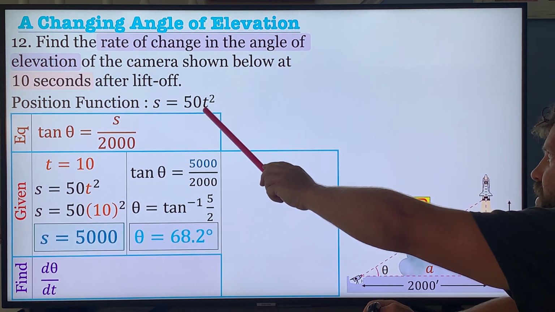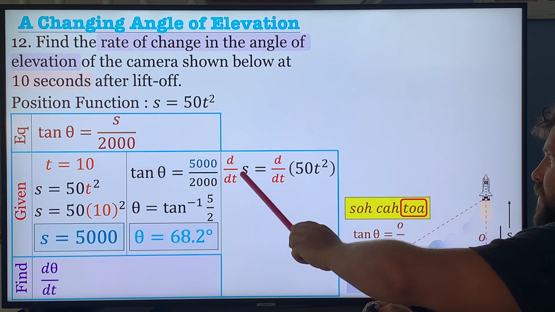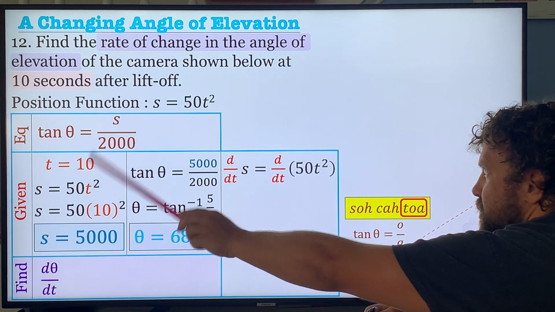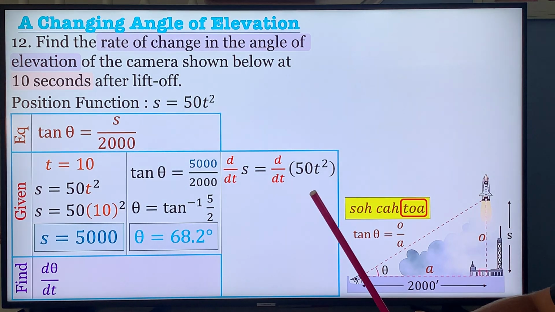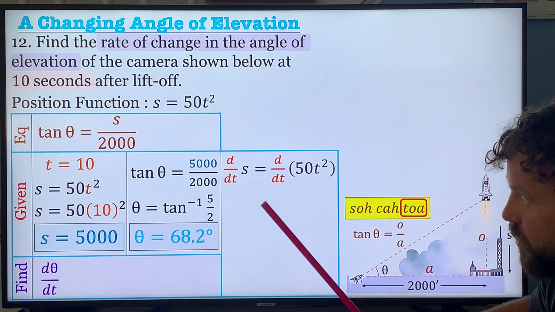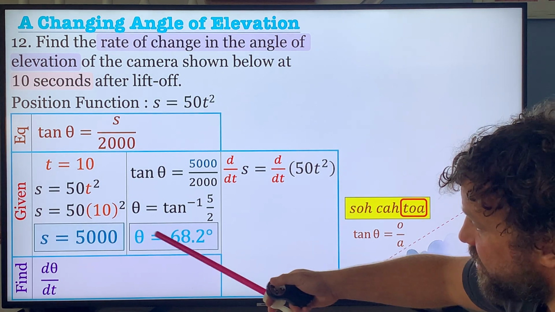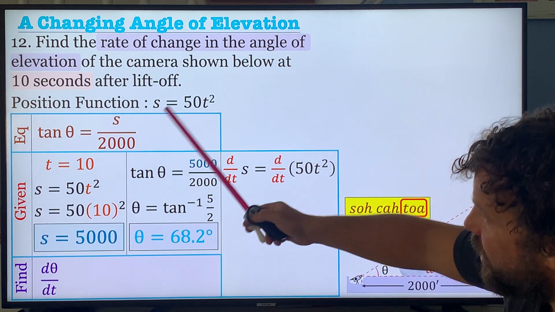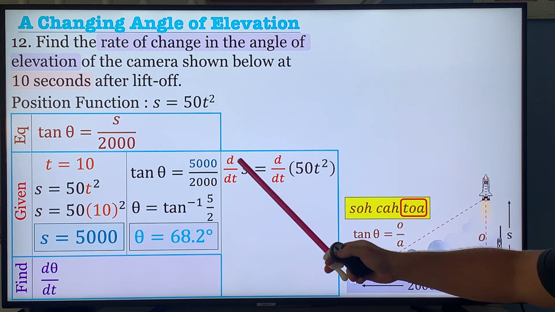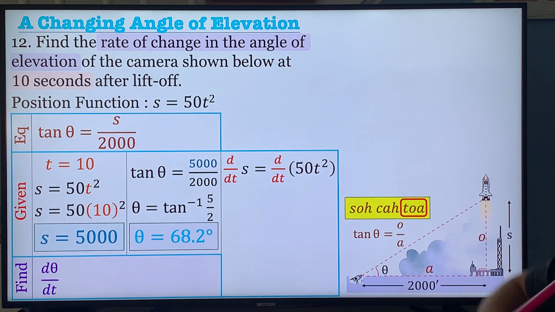S equals 50t squared. If we derive that function, we can find out what ds/dt is, because we don't know what ds/dt is. We need it, because we got S, we got theta, we're finding d theta/dt, so the only thing we don't have is ds/dt. So, in order to find that, simply derive the equation.